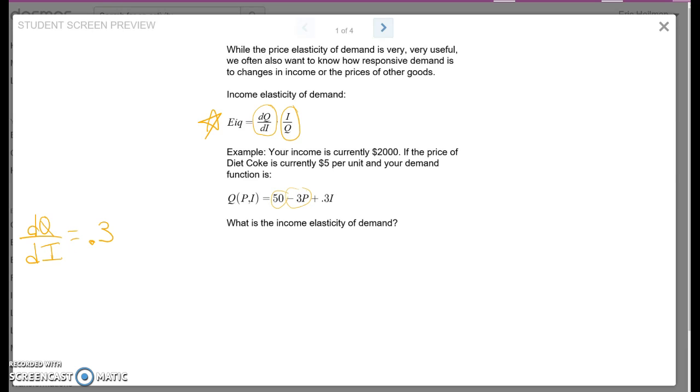And then we have the I over Q term, so I'm going to put income up here. And then we just plug in the demand curve that was given, 50 minus 3P plus 0.3I. Now we just plug in the information that was given in the problem for income and price.